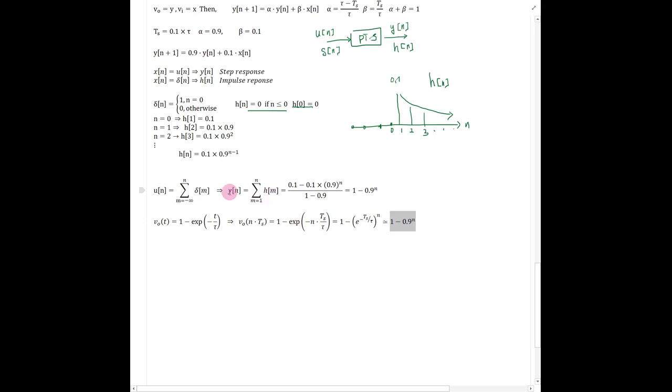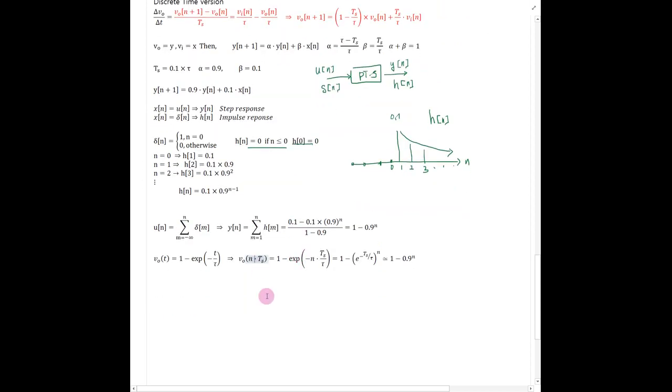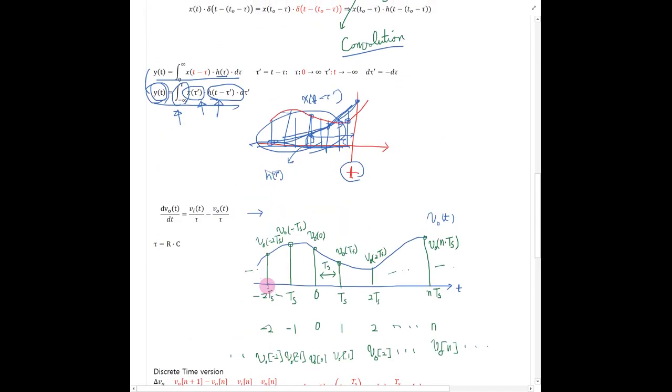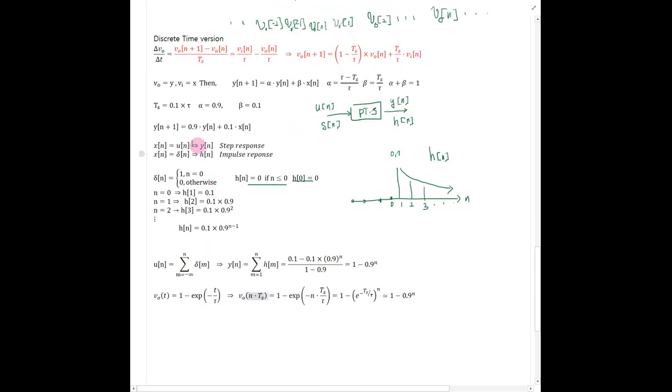Comparing the unit step response in the discrete-time version and the continuous version, the continuous version is sampled every Ts seconds, at n times Ts seconds. It's quite similar, but not exactly the same because of these approximations. Anyway, we tried to convert the continuous RC circuit into a discrete RC circuit, build up the system equation from there, and test it first with the impulse response.